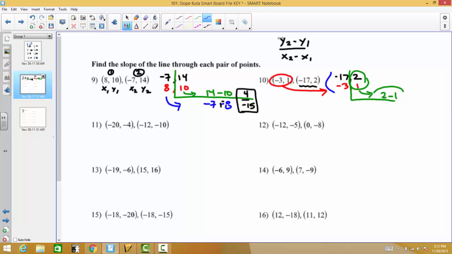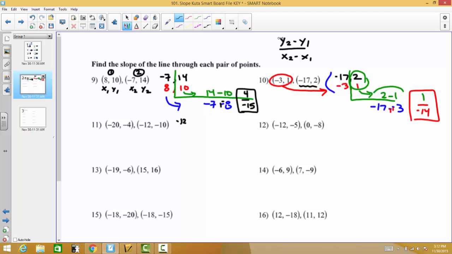On the bottom, negative 17 minus negative 3. 2 minus 1 is 1. 17 minus negative 3 is negative 14. And that's your answer, negative 1/14.